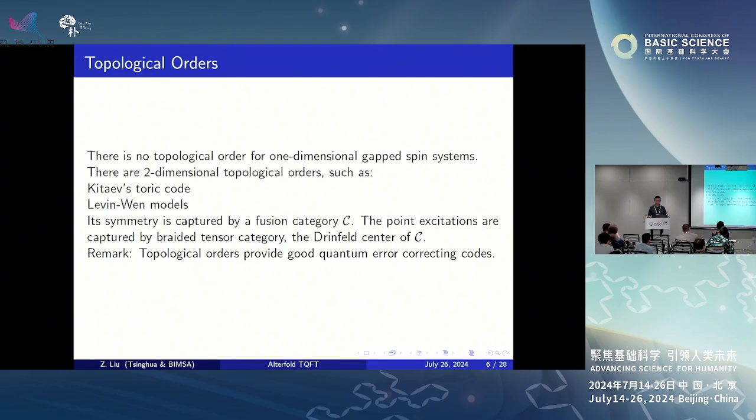Those structures have been used to build quantum error correction codes. So far, it's a very popular scheme to build such quantum error correction codes, topologically protected codes to implement fault-tolerant quantum computing.